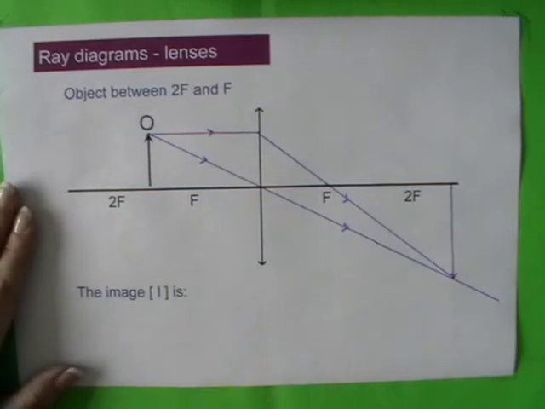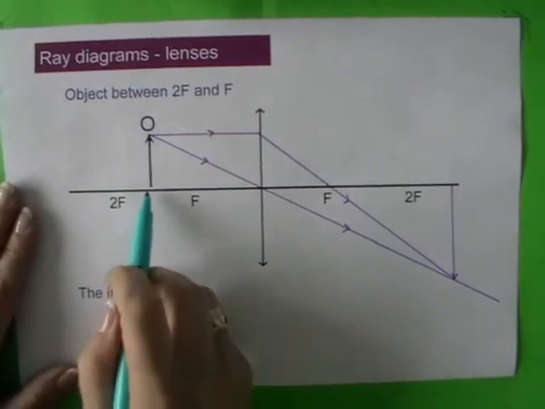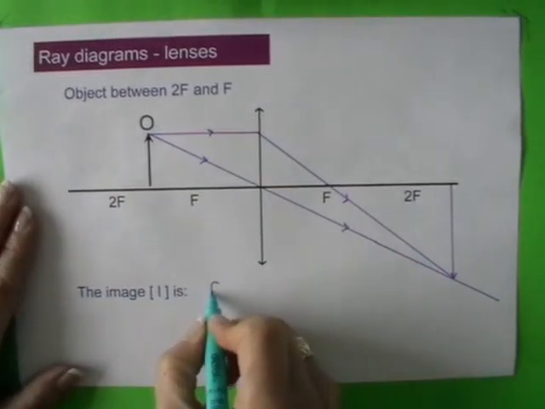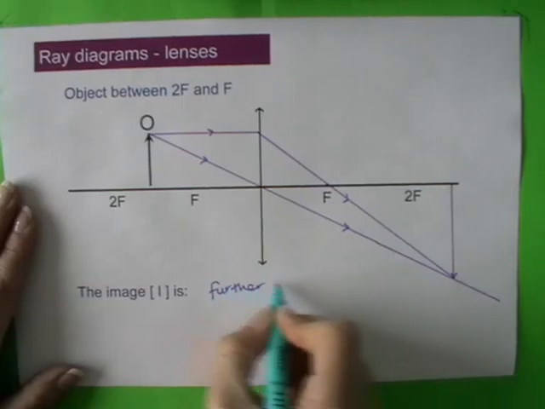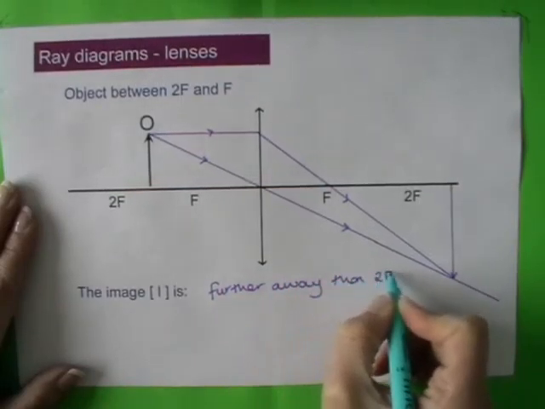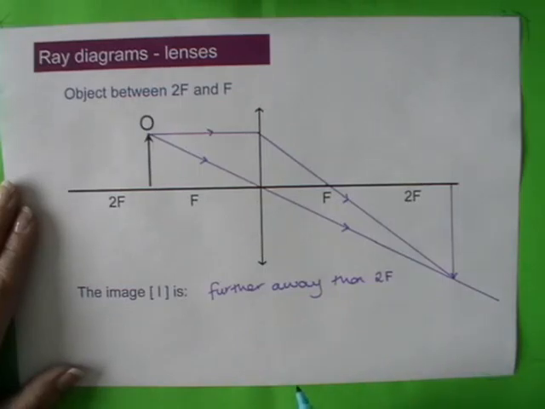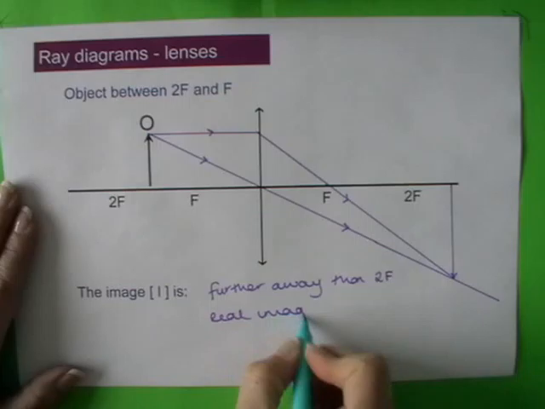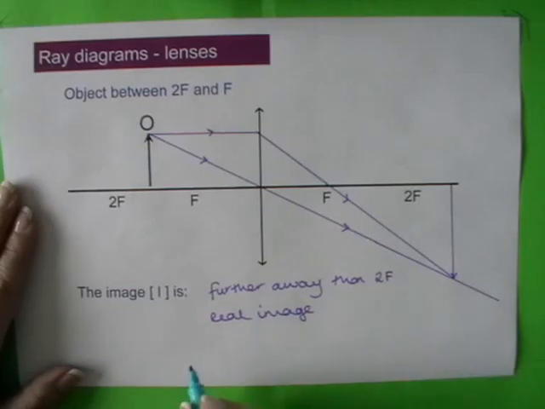The location of the image: in this case, the object is between 2f and f, the image is beyond, or further away than 2f. Also, what we notice is it's a real image because we can capture it on a screen, and we've done this in practicals in class. It's inverted.